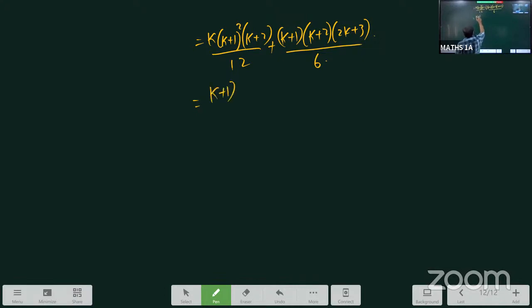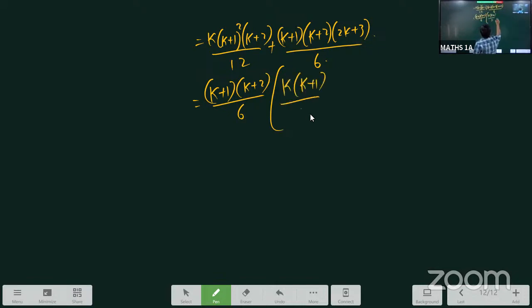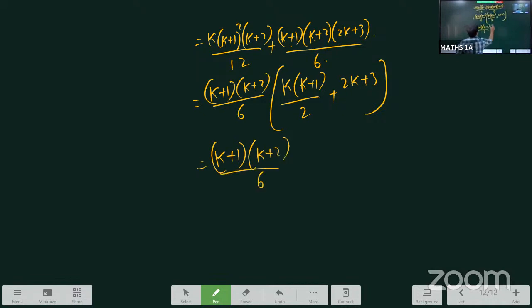So K plus 1 and K plus 2 I can take common, and 1 by 6 also I can take common. Then what are left out? K and K plus 1 will be left out by 2. Here K plus 1, K plus 2 I took common, 2K plus 3, 6 also I took common, no? So K into K plus 1 will be left out plus 2K plus 3. K plus 1 into K plus 2 by 6.